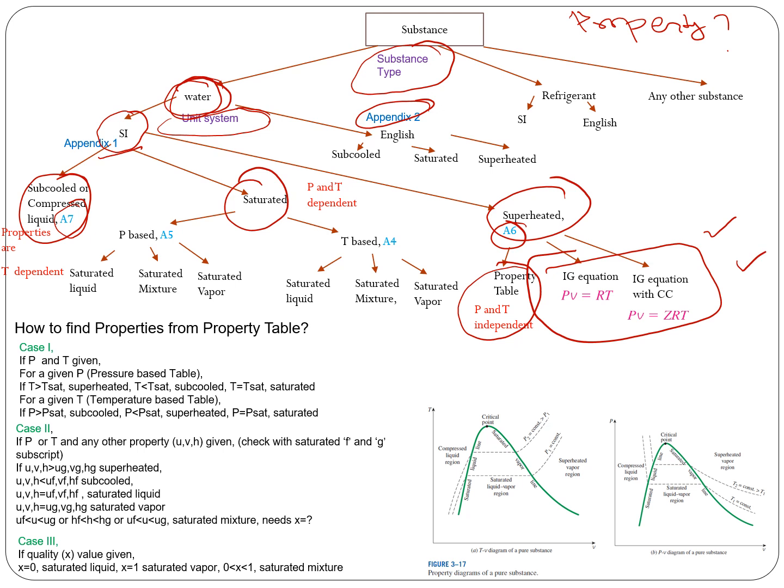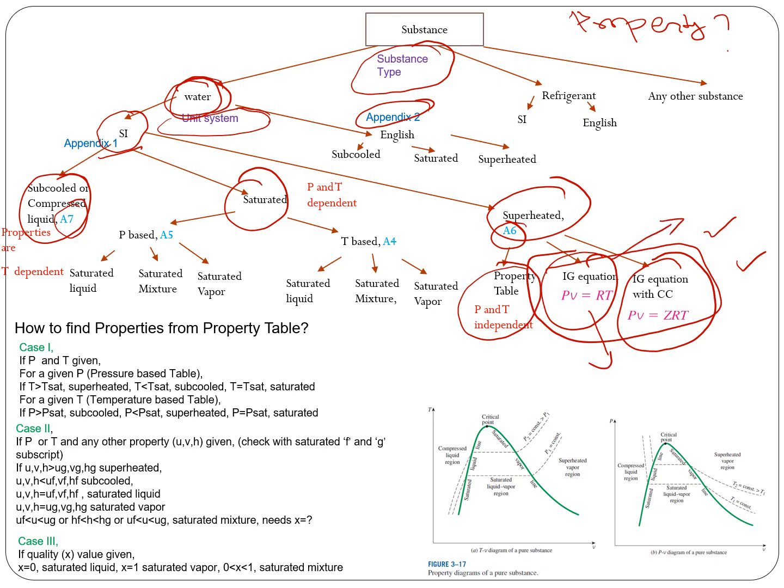Again, if you have gases like hydrogen, oxygen, nitrogen, then you can use the ideal gas equation or the ideal gas equation with the compressibility chart. So these are handy equations where, if you know two properties, we can find the third property. This is important for gas.